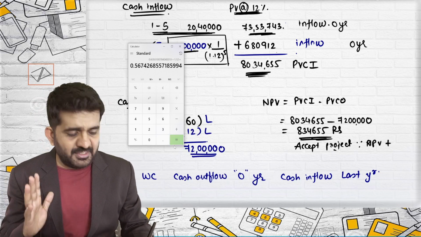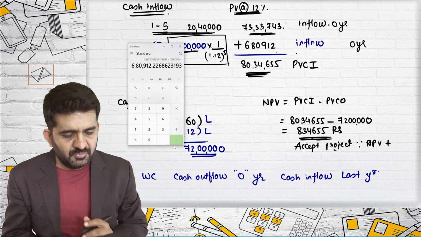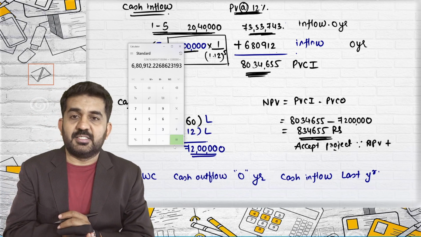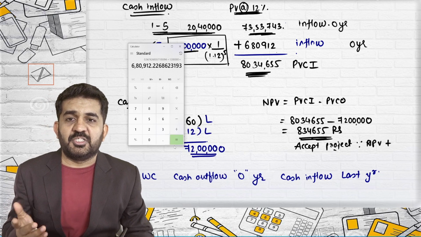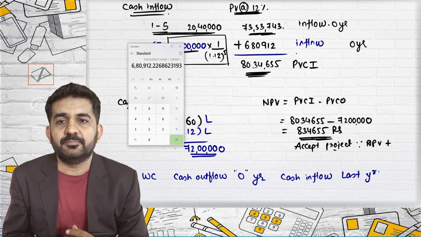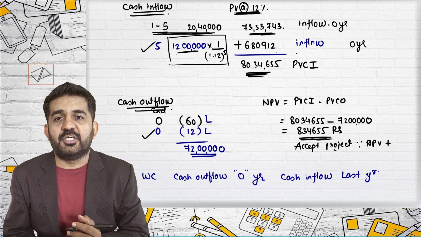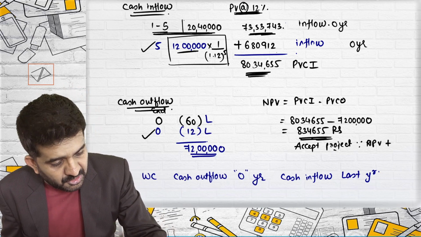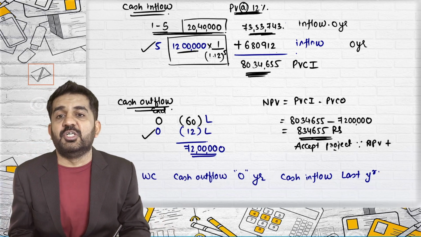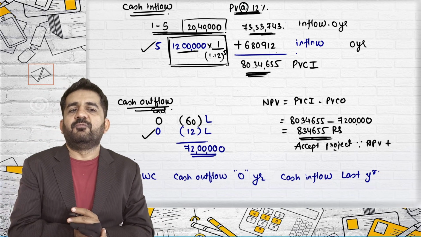I have directly pressed equals, multiplied by 12 lakhs. This is how I have found out the answer. Why have I not done equals, M plus? Exactly. Cash flow is only in 5th year. It is not for 1, 2, 3, 4 and 5 years. Here the cash flow is for all 5 years, while here the cash flow is only at the end of 5th year.